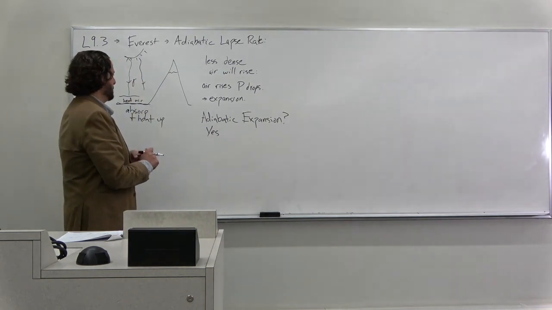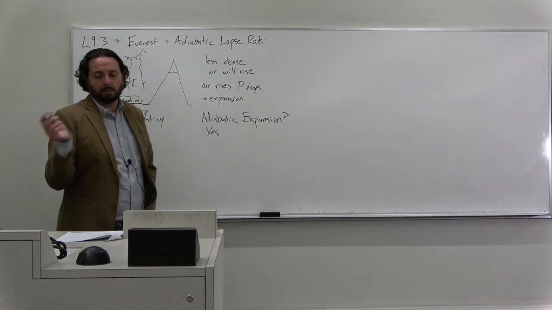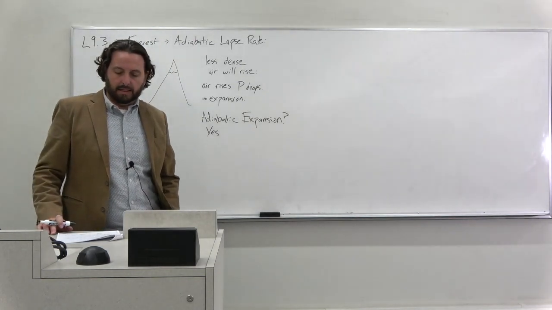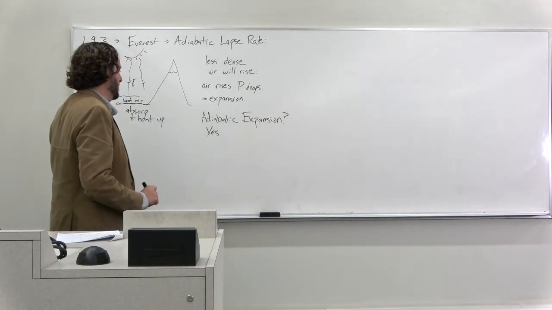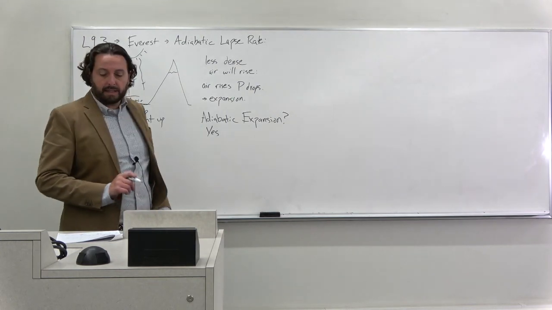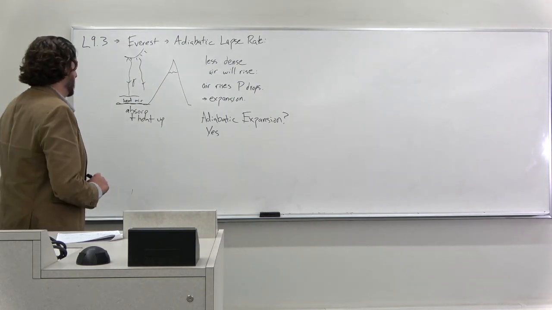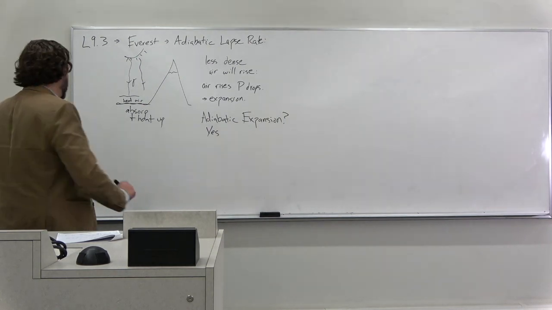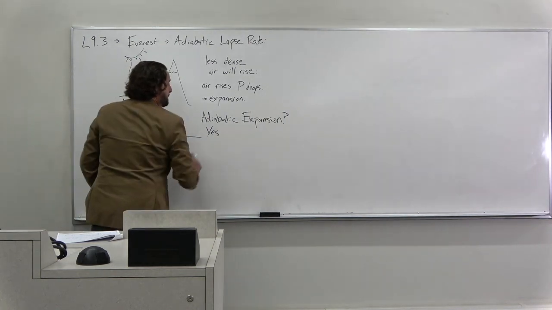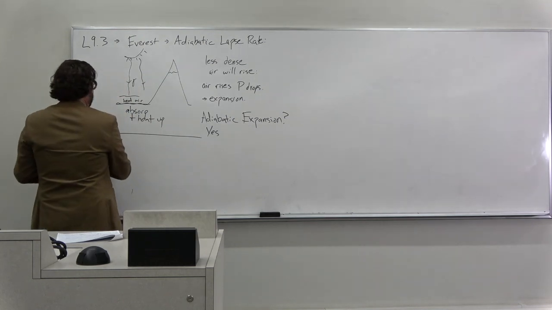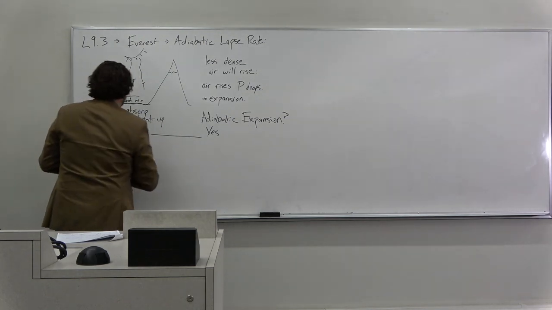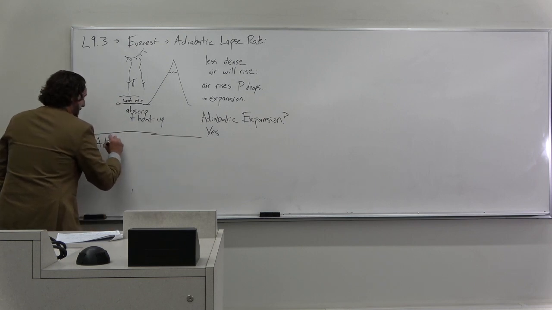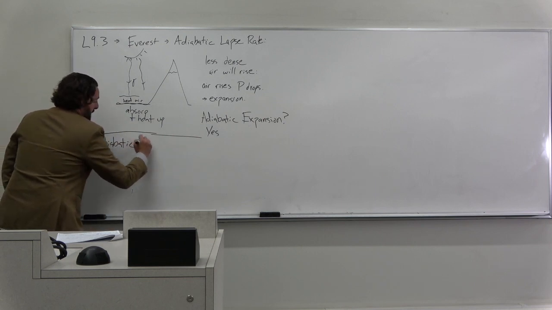So there's very little time or opportunity for the air to exchange heat, and so therefore it's basically adiabatic. Okay, so we're going to do now the adiabatic expansion of the atmosphere.